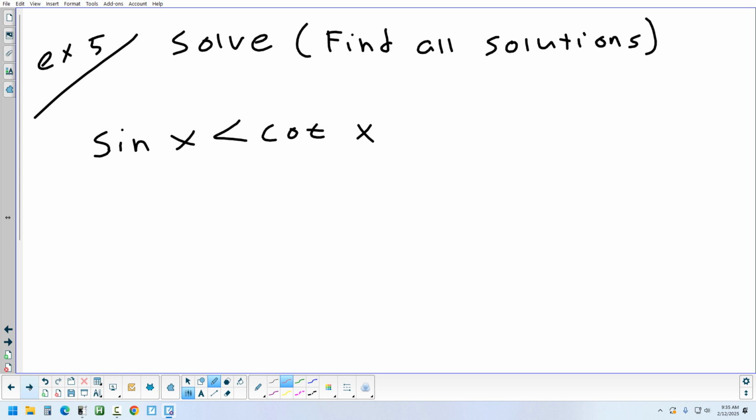Right, so let's try this one. It says find all solutions, okay, where the sine is less than cotangent. All right, well, if we want to set this up like we were doing the last few problems, what would I do first?